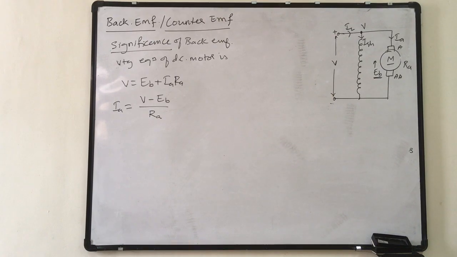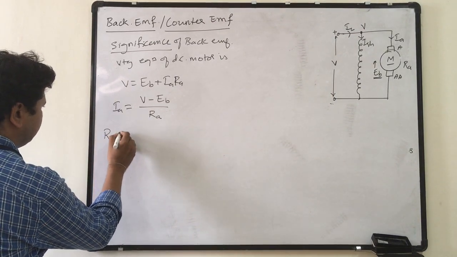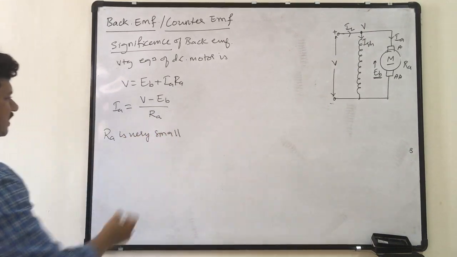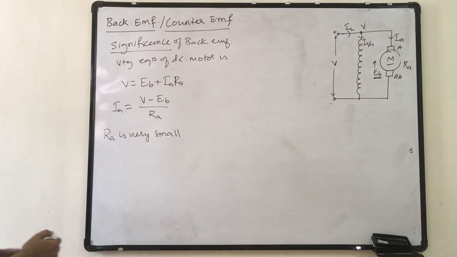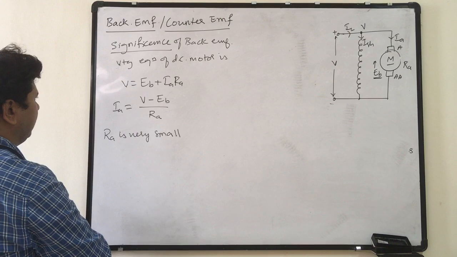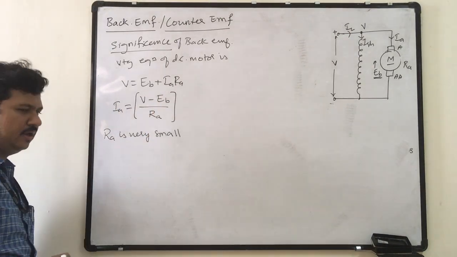And generally the value of Ra is very small because it is armature resistance. Armature should not have large resistance, else a large drop will be there across the armature and more losses will be there in the armature. So Ra is very small and Ia is given by (V minus Eb) upon Ra.